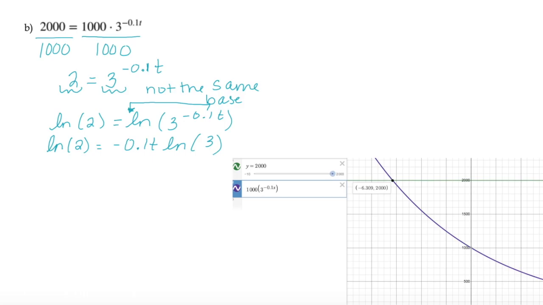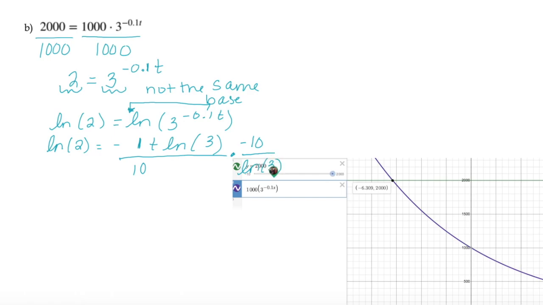If our goal is to solve for the variable, I'll want to divide both sides by, I'm going to rewrite 1/10 here. That might make it easier. 1/10 is the same as 1 over 10 here. That's the way I'm going to multiply not only by negative 10 to get rid of my 10 in my denominator, but I'm also going to divide them by the natural log of 3.